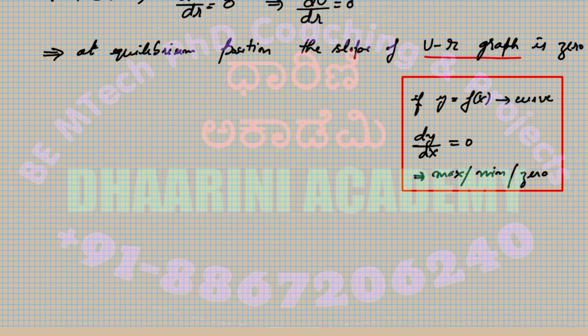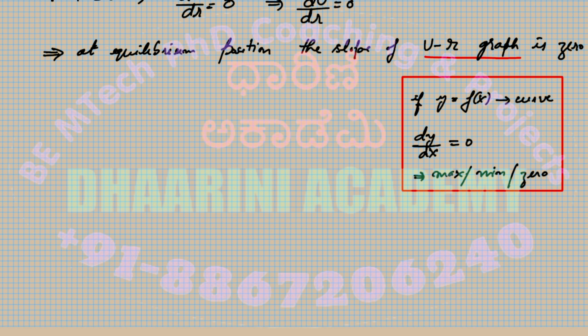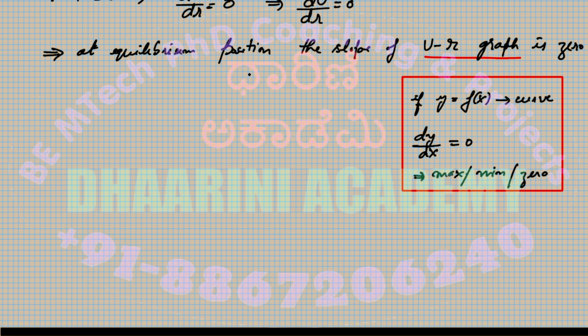One of the three conditions has to be met. Depending upon whether it is maximum, minimum, or 0, we extract three different types of equilibrium. All right, I'll come to that point.